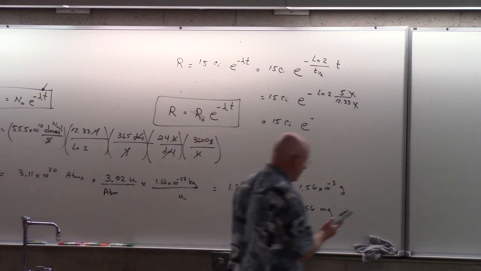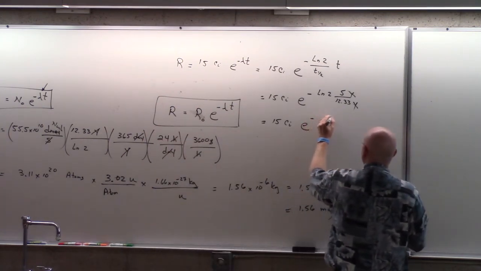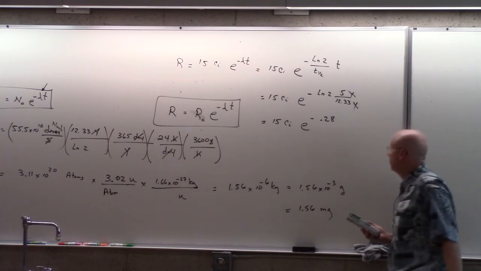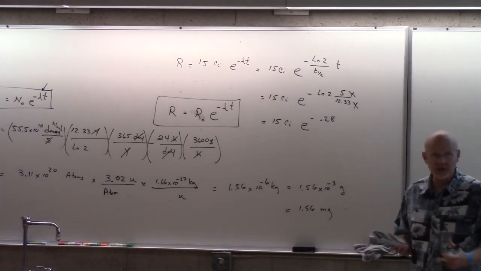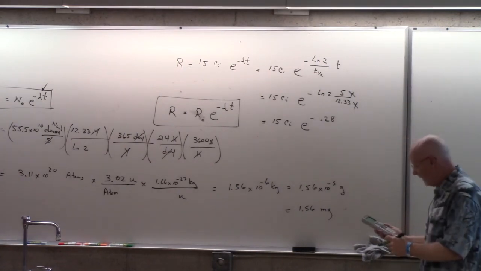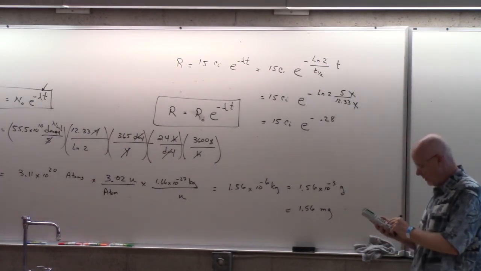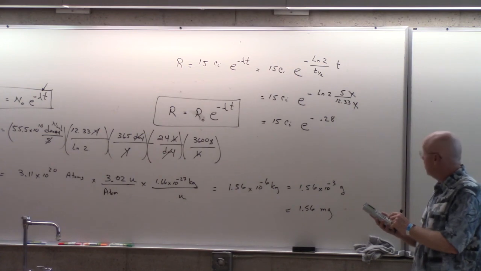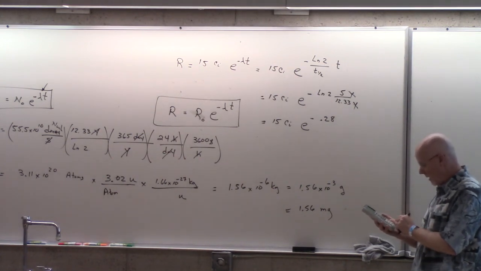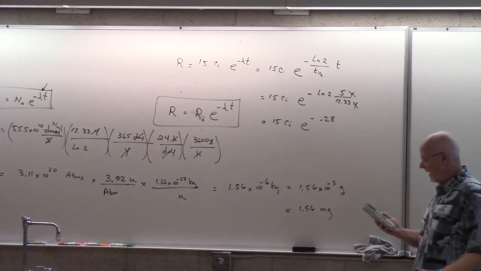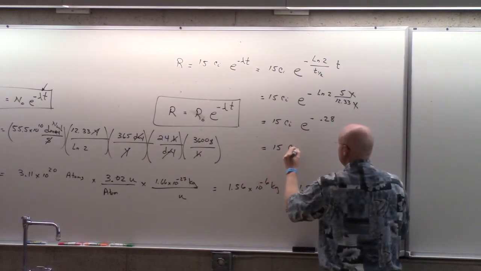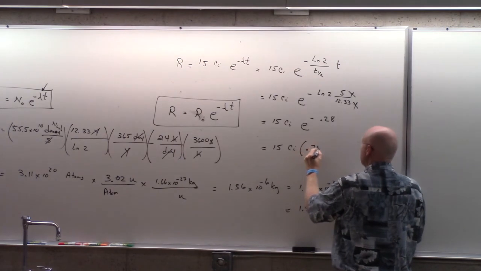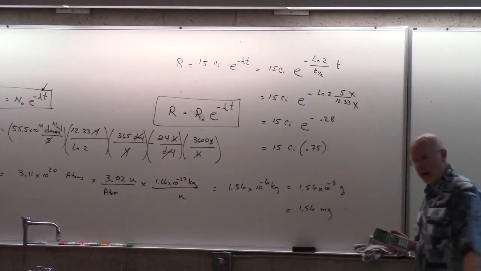We are looking at, as I said, maybe I better just put e to the negative of my last answer. So this is 15, and there it is, as I said, about 3/4, right?